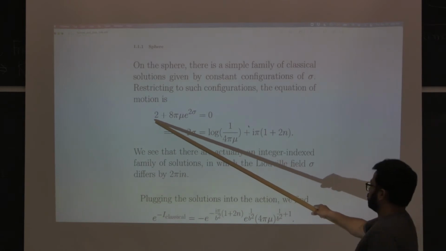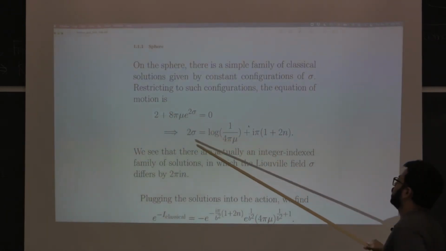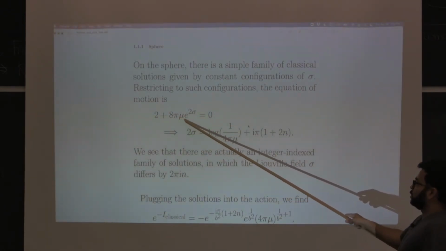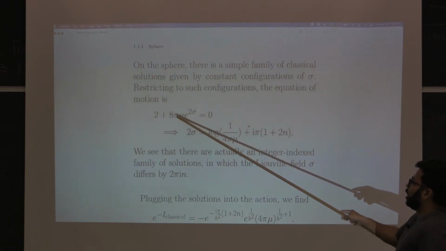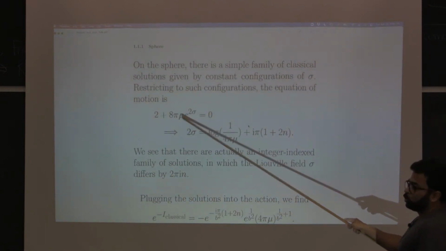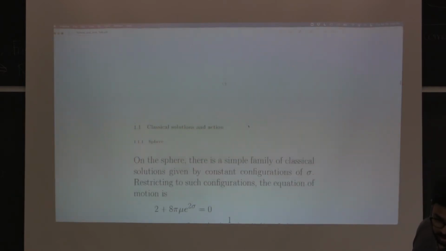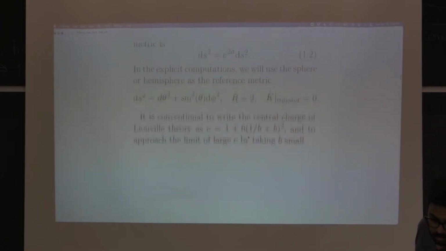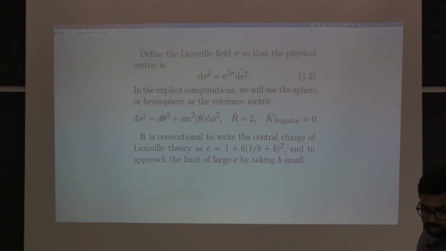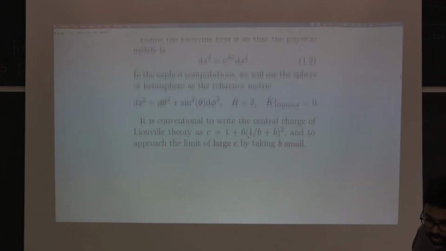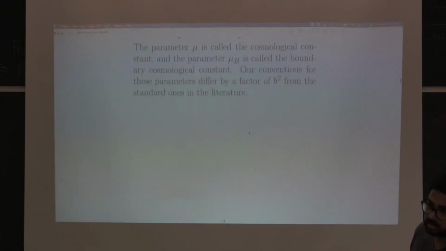You see mu is positive. So for this to have a solution, e to the 2 sigma has to be negative. That means that the metric, which had an e to the 2 sigma in it, is a negative definite metric. So that's the saddle point.